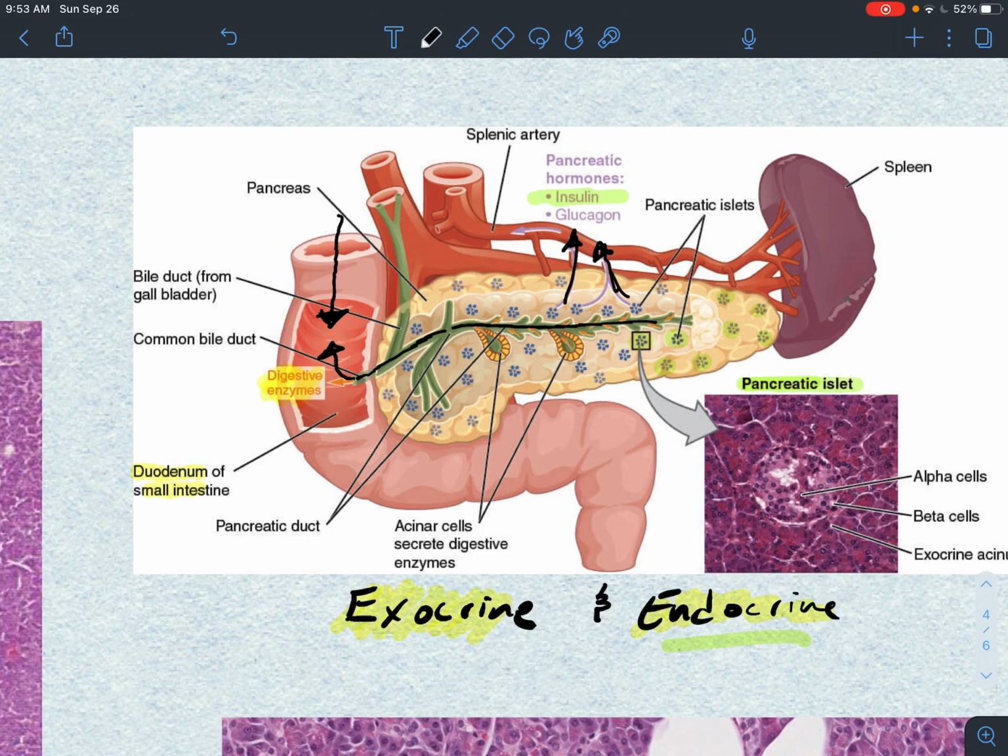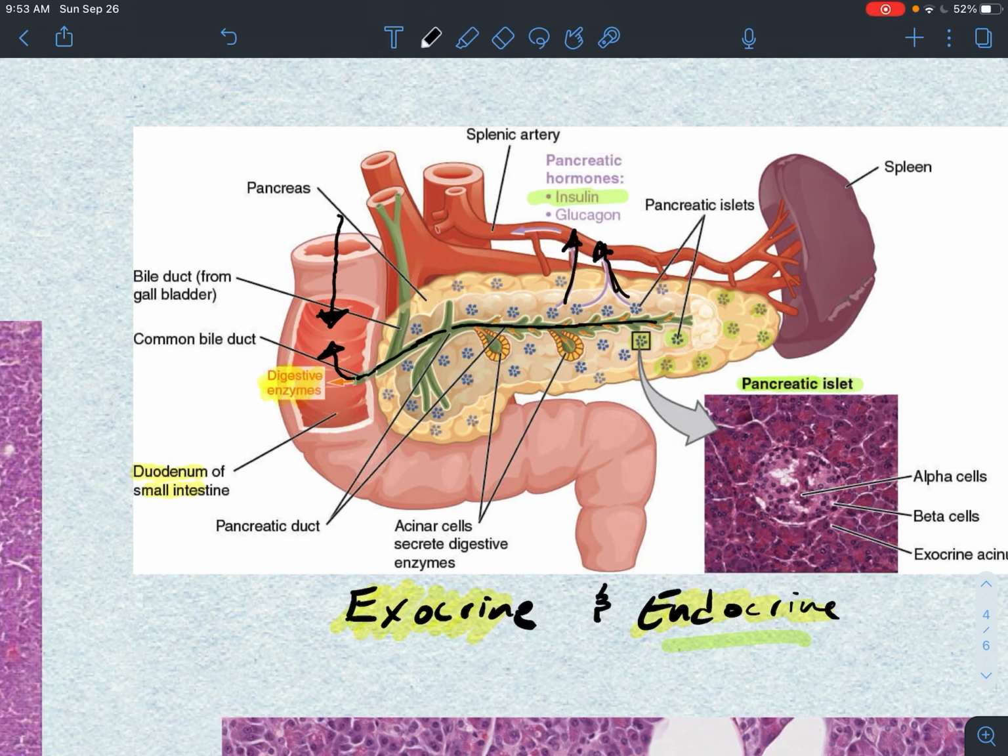So that insulin will now go to cells throughout the body and tell those cells to absorb the blood sugar so that it regulates blood sugar. It brings your blood sugar down by telling cells throughout the body to absorb that sugar. So these are your two major functions of the pancreas, and by understanding those two major functions, it'll also help you look at the histology differently.